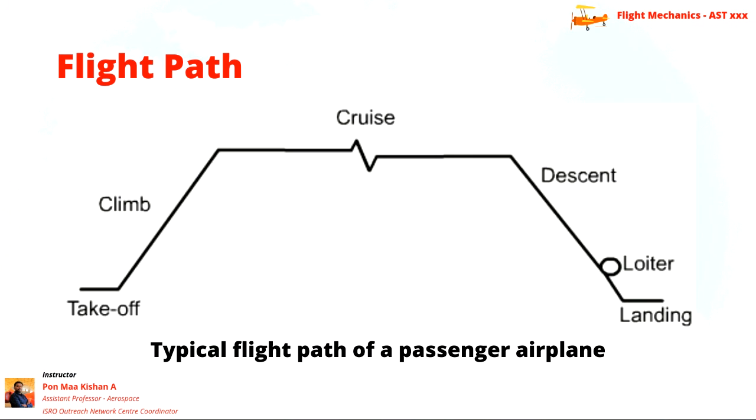So the ATC will request the pilot to go for a loiter. The pilot has to rotate around a particular city or within a particular limit, with respect to altitude, once or twice depending upon the traffic time. That particular time is called loitering around the city or loitering around the airport, depending upon the location. I hope you can clearly understand what loiter is. So this is the very basic flight path of a passenger airplane.